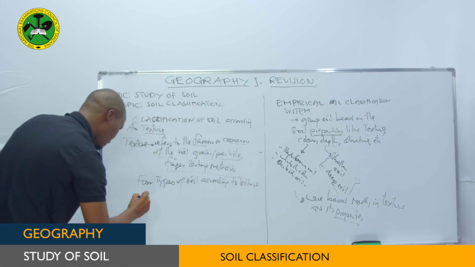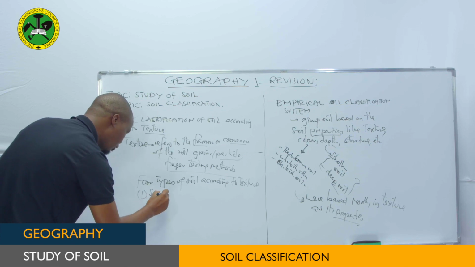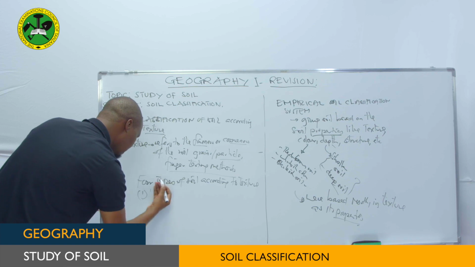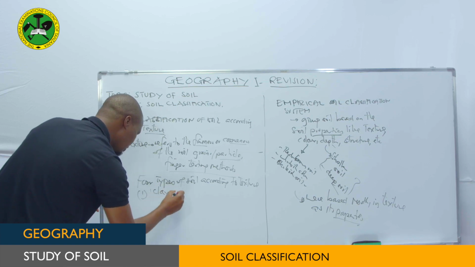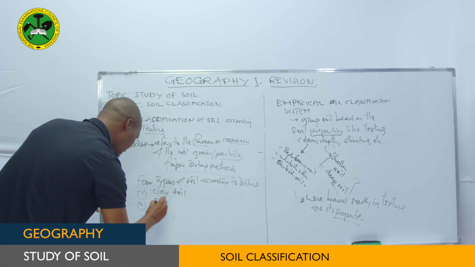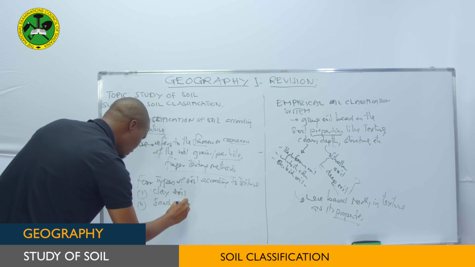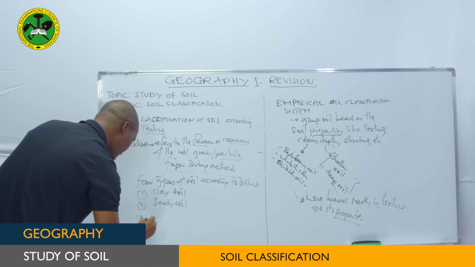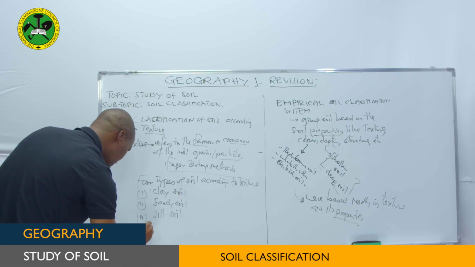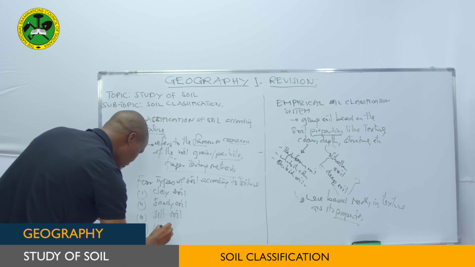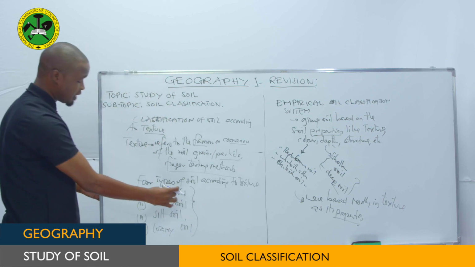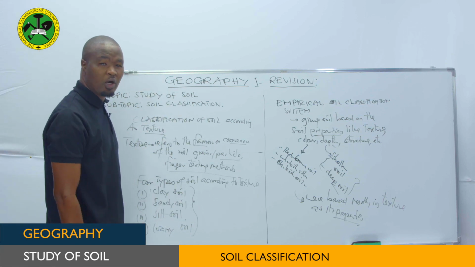We have the sandy soil, we have the clay soil, we have the silty soil, and the last one we have the loamy soil. So these are the four types of soil according to texture.